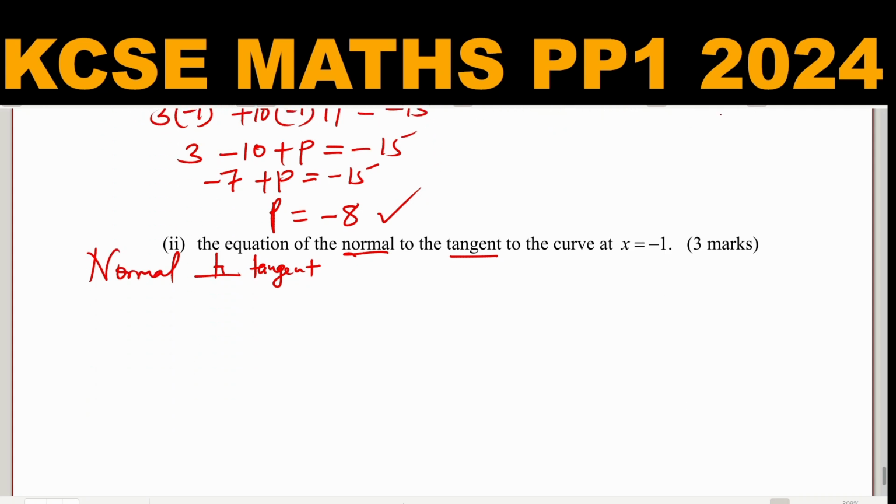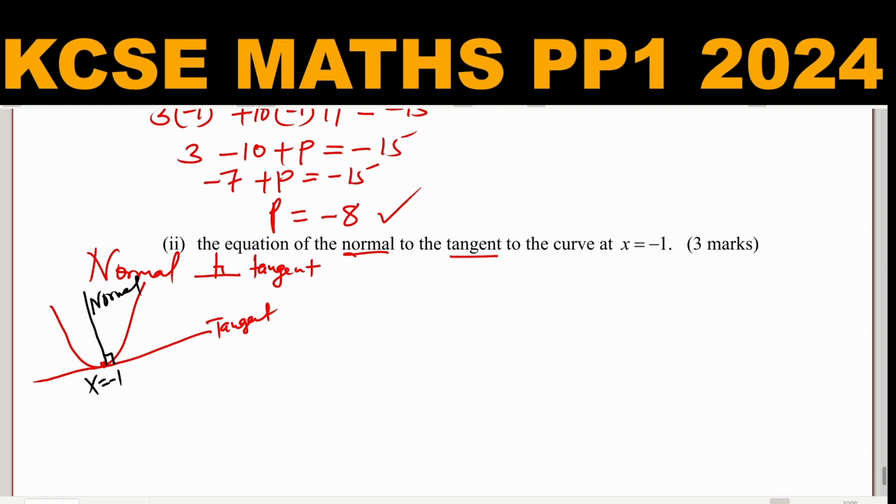If I simply sketch here, that is the curve, and then we have the tangent, and this is the point where x equals -1. So the gradient is already given. Now the normal is the line that is perpendicular to the tangent.